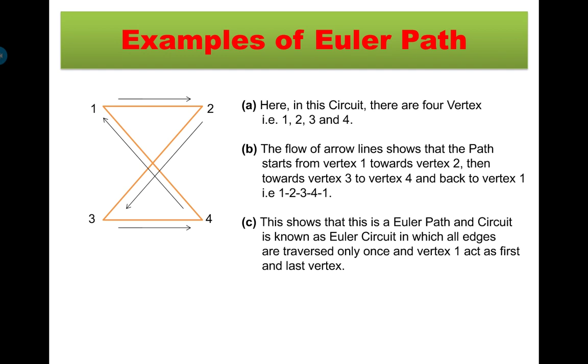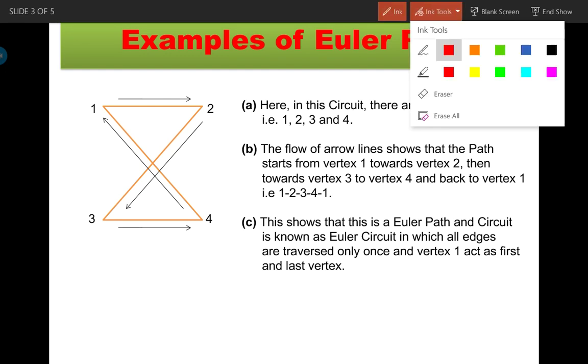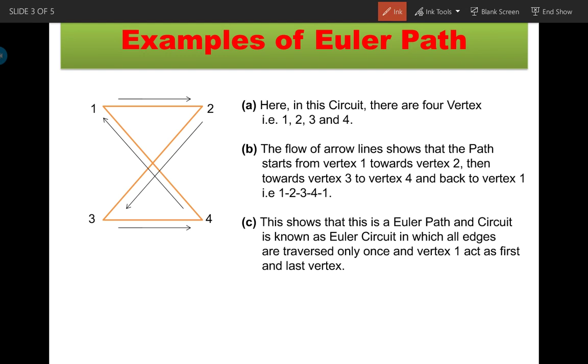Now in the circuitry, our purpose is to look for the Euler path, right? So from the definition, the Euler path says that it traverses all the edges, okay, but only once. It covers all the edges but only once, right? So let us see here the Euler path.